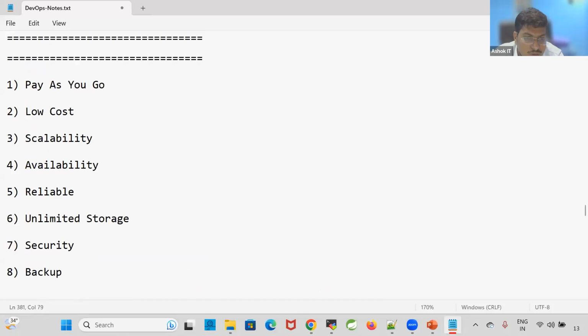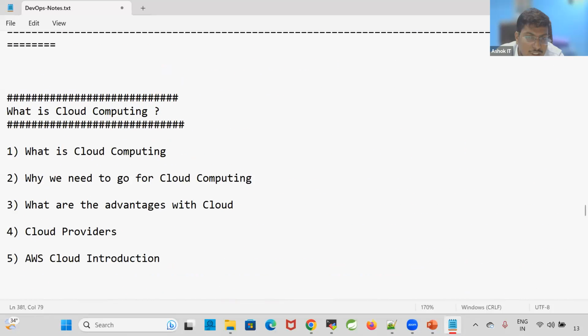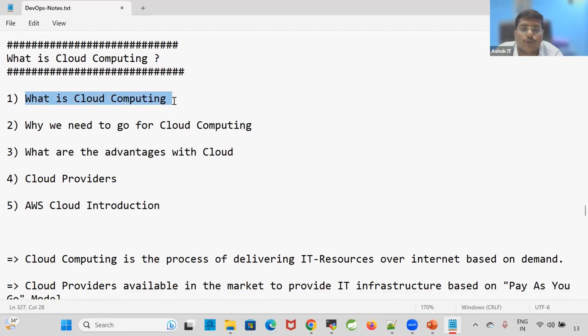Okay. So let us see here, guys, what we are going to discuss today. What is cloud computing? Cloud computing is the process of delivering IT resources over the internet based on a pay-as-you-go model. Instead of purchasing and maintaining the infrastructure, we can take the infrastructure for rent from the cloud provider.